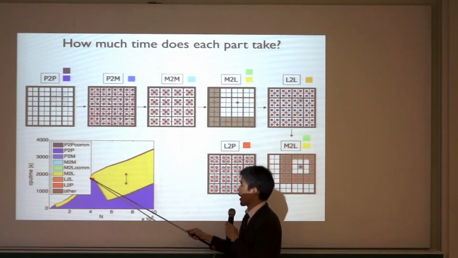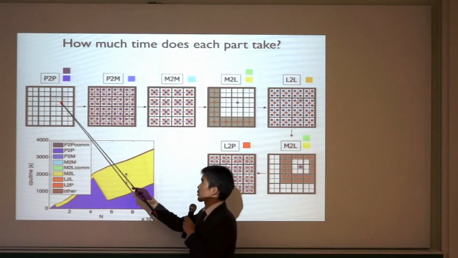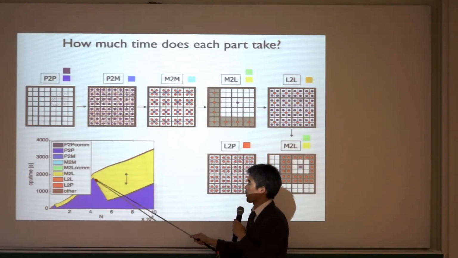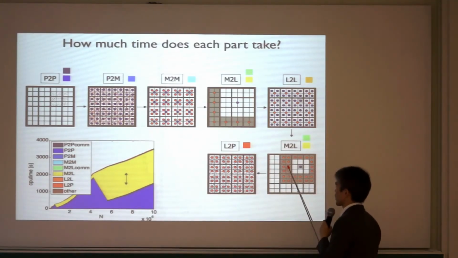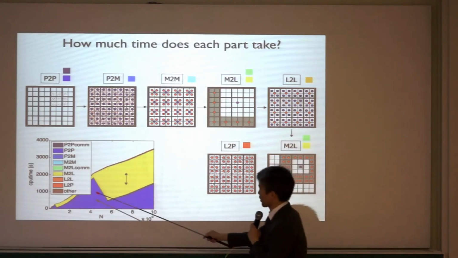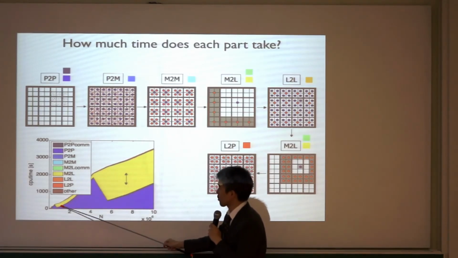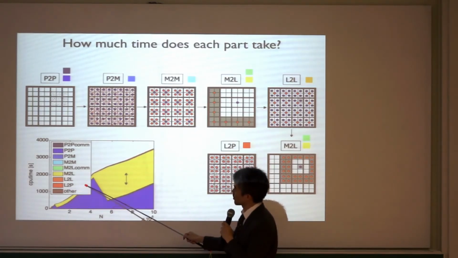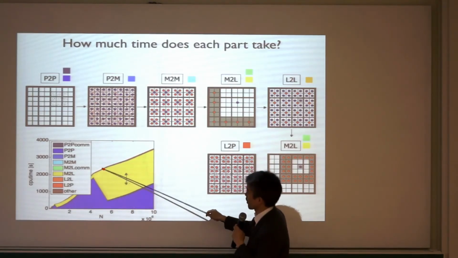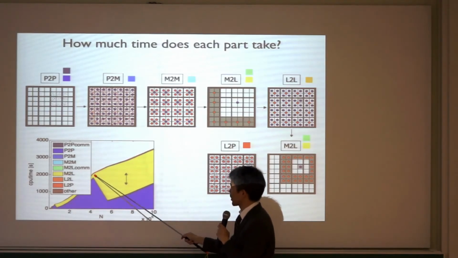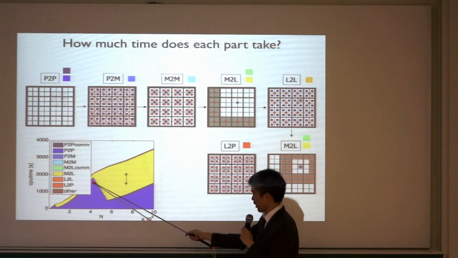So this balance between increasing this 8 times and decreasing this 1/8 has to happen at the right timing, because the P2P is increasing as n squared, but this one is not increasing. It's constant if you don't change the level. So the yellow part, unless you divide the tree, remains constant, but the blue part keeps growing as n squared. So at some point, you need to change. But then the yellow part increases 8 times and the blue part decreases 1/8.